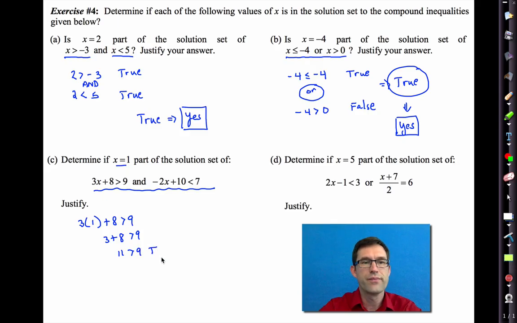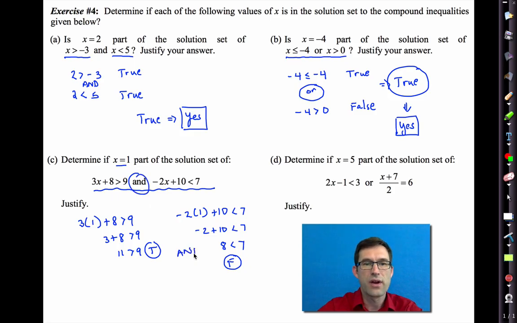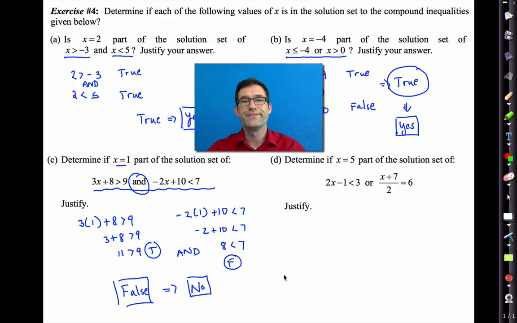Yes, that's true. -2 times 1 plus 10 is less than 7. -2 plus 10 is less than 7. 8 is less than 7. That's a big fat F for false. And what do we have? We have an and. So for an and, these both have to be true. So this is actually a false compound inequality, which means the answer is no. It is not part of the solution set.